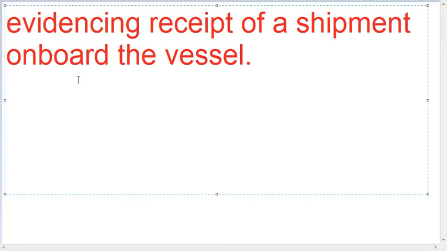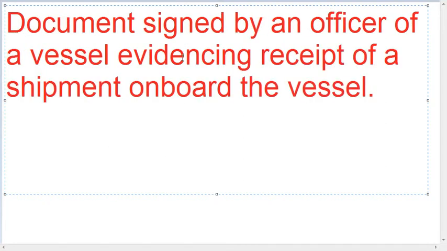Now can you imagine why this stepbrother treatment to these documents? Because these documents only evidence the receipt of a shipment on board a vessel. It means the shipment is received by the concerned party and it is signed by an officer, evidencing receipt of shipment on board a vessel.